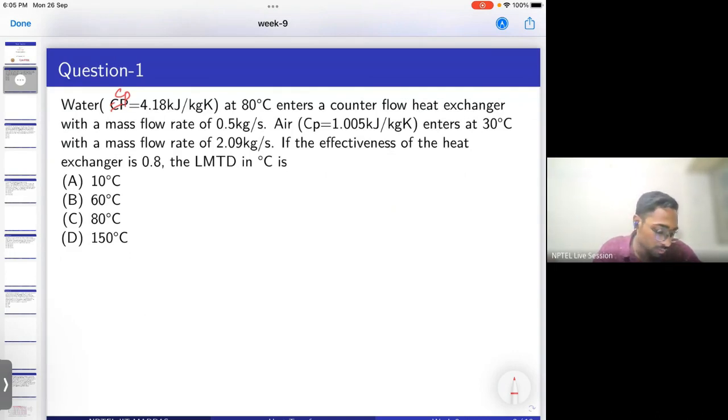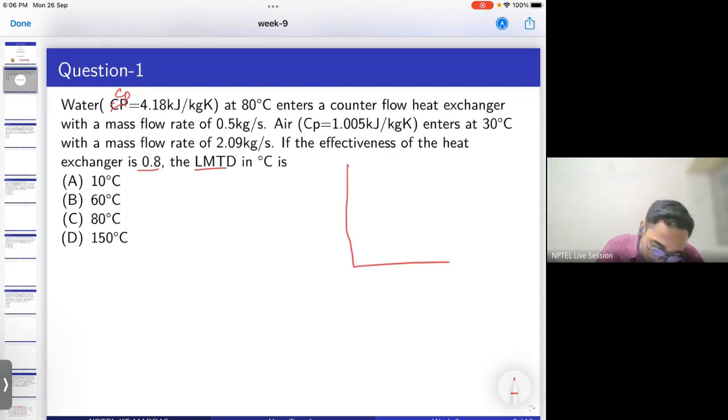If the effectiveness of the heat exchanger is 0.8, we need to find the exit temperatures. For both the hot fluid and the cold fluid, the exit temperatures are not given, so it's not easy to use the LMTD method. That's why we are using the effectiveness-NTU method. The effectiveness is already given, so it's comparatively easy. Let's see how we can solve this question.